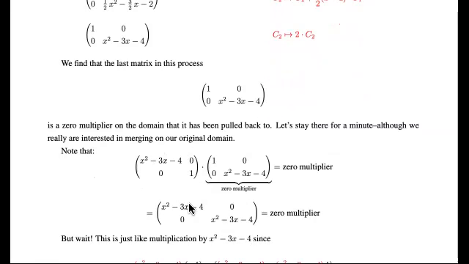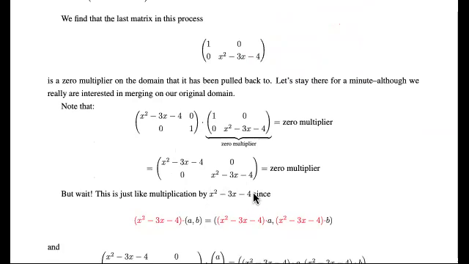We end up getting a diagonal matrix where we have the same thing on the diagonal. Now, multiplying by a matrix with the same thing on the diagonal and 0's offset is the same thing as multiplying by a scalar itself. In other words, multiplying by this polynomial. So wait a minute. On the new pullback domain, multiplication by this polynomial is like 0.